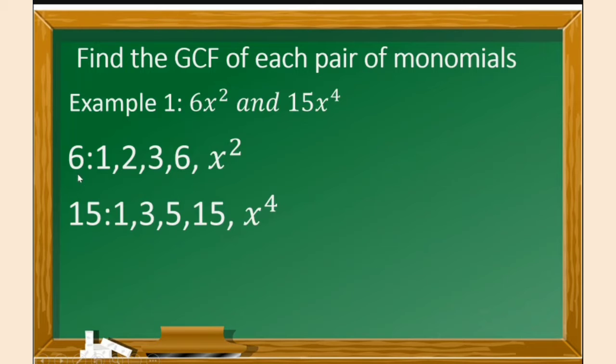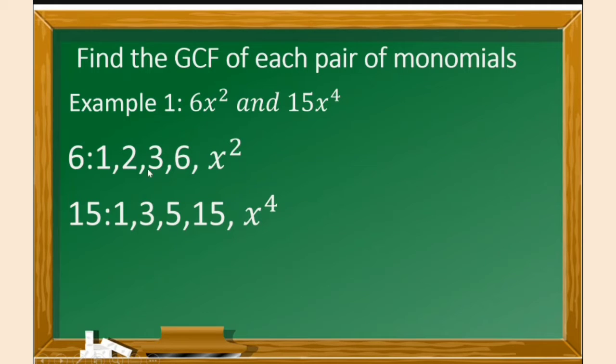Also possible, because 6 divided by 3 is 2. And 4 is not a factor of 6, because 6 divided by 4 becomes a fraction, 6 over 4, that is one and a half. So it goes back to itself, 6. What is the variable of our 6x squared? Bring down the x squared.